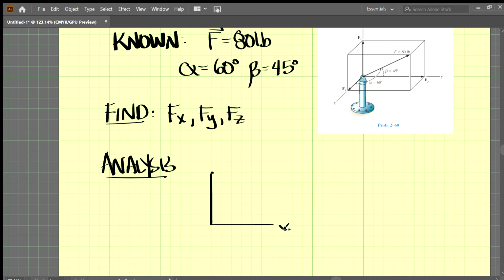So if we have just a 2D example here, and we have a vector, and let's say that's 80 as well, and this angle between the vector and the x-axis is 30 degrees.